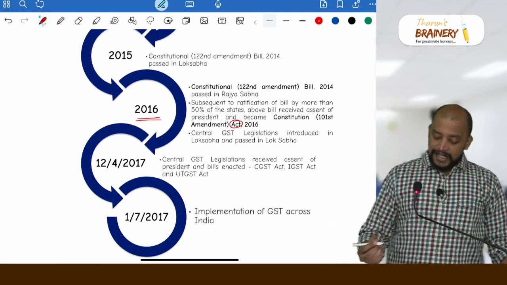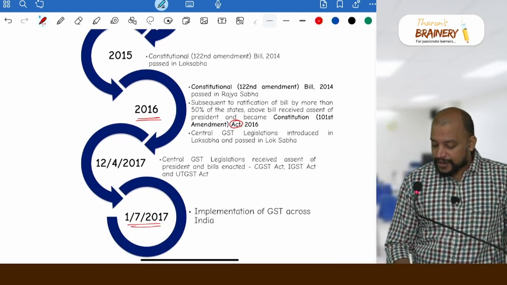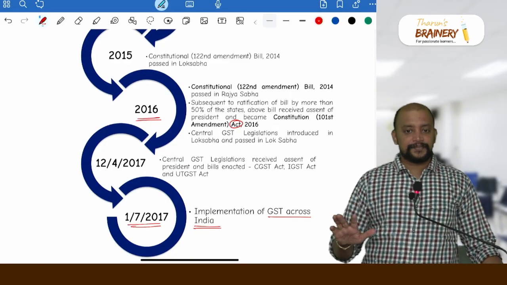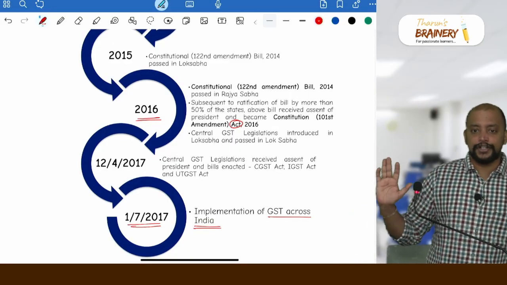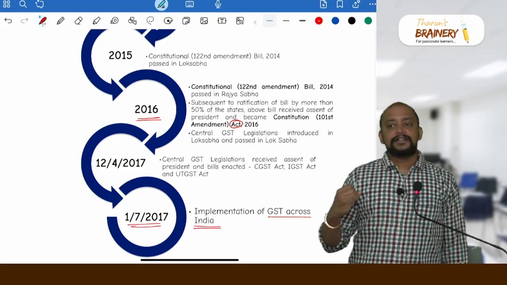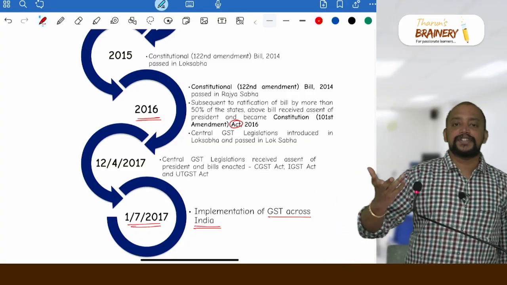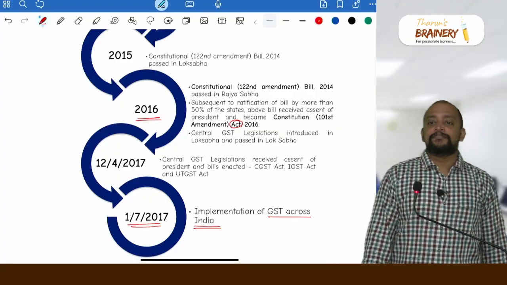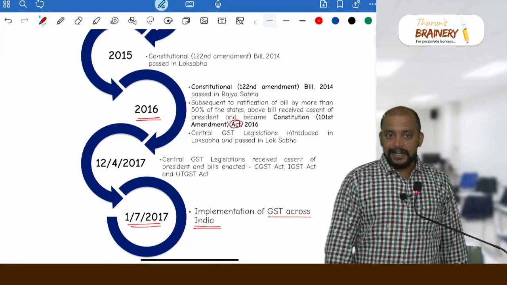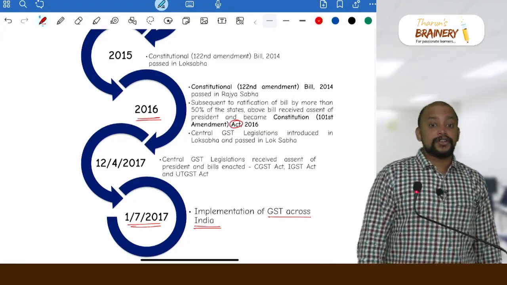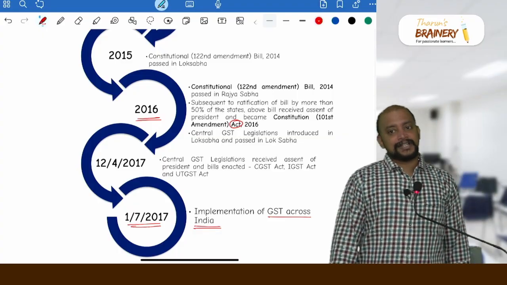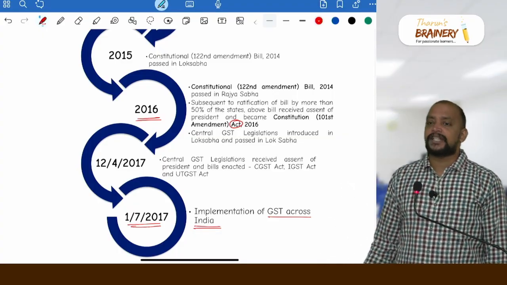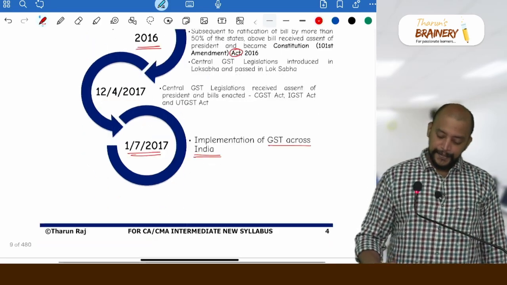And in 2017, GST was implemented across the country. So this is what you need to remember. Who recommended? Dr. Kelkar Task Force. For MCQs it will be useful. The year of the Constitutional Amendment Bill, 16 or 14? 14. The Constitutional Amendment Act is 2016. The GST Act is 2017. The effective date of implementation is 1/7/2017.